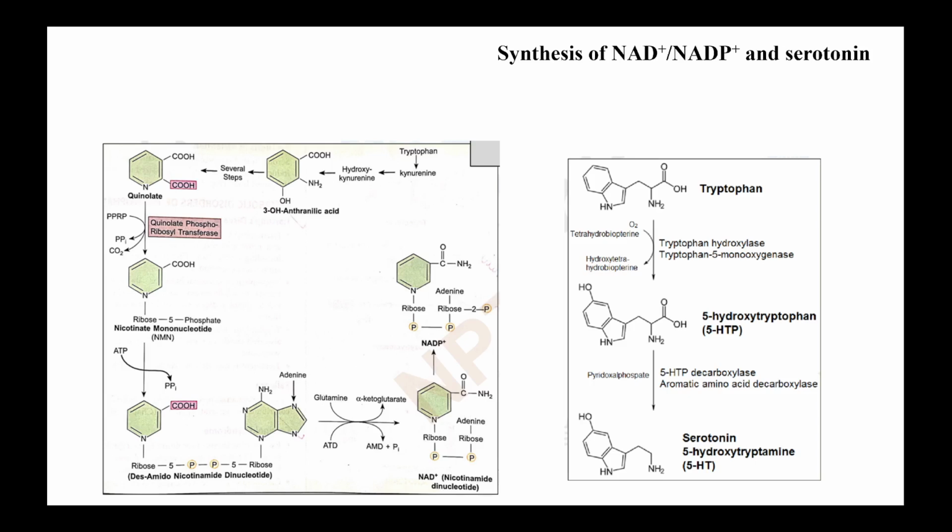Then tryptophan is also important in the synthesis of serotonin. Tryptophan is converted into 5-hydroxytryptophan by hydroxylation of the indole side chain. Then decarboxylation occurs for this 5-hydroxytryptophan to form 5-hydroxytryptamine, also known as serotonin.